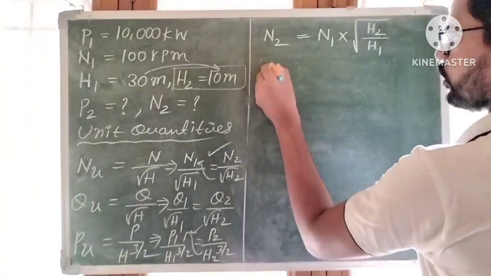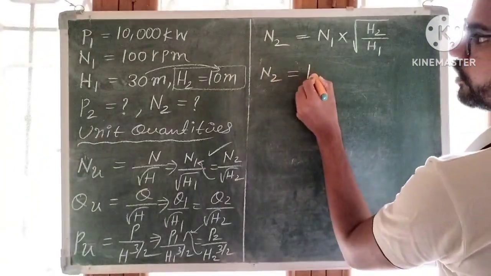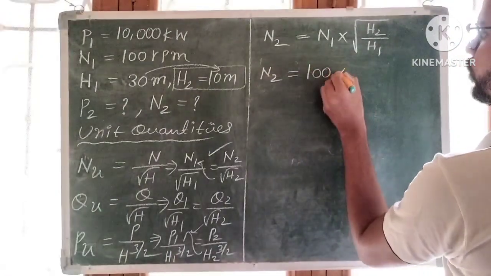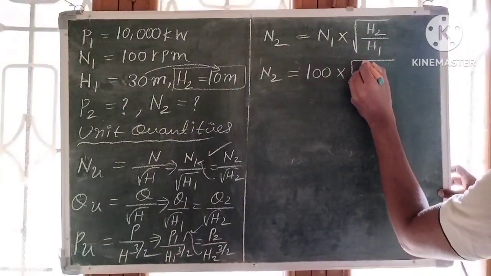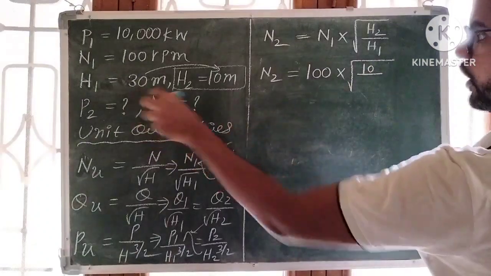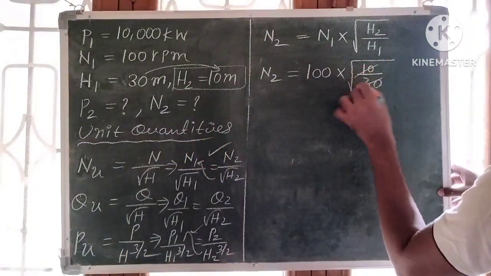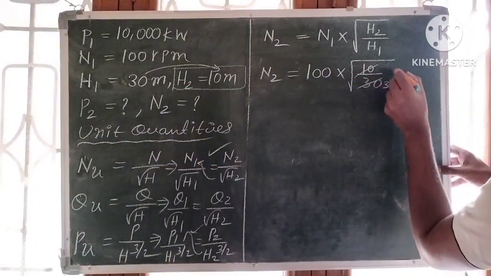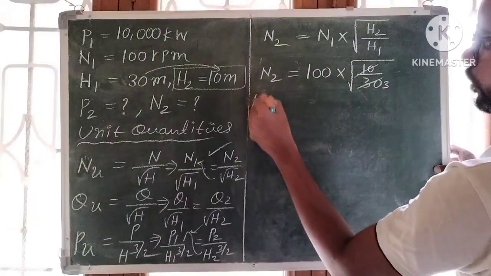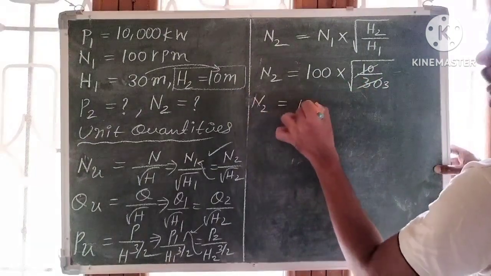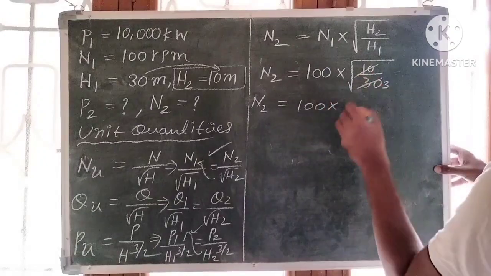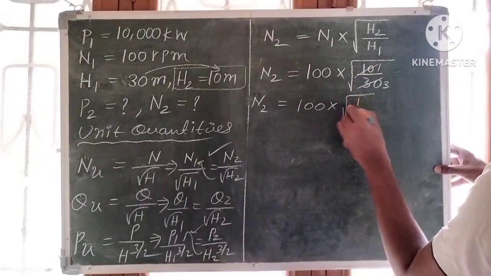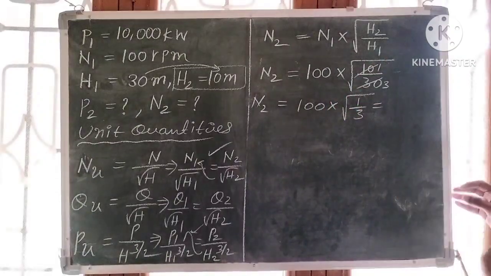N2 is equal to N1, what is N1? 100 rpm, into root over H2, the reduced head 10, by the initial head 30 meters. So N2 is equal to 100 into root over 10 by 30, that is, root over 1 by 3.